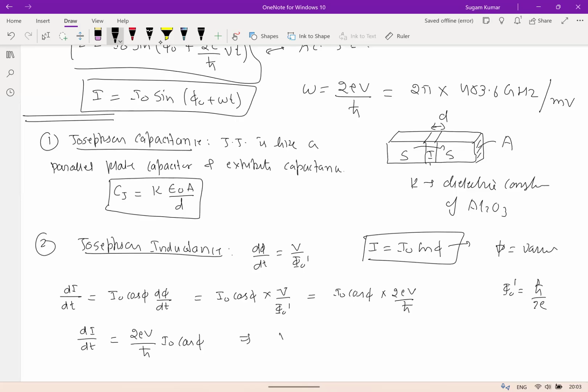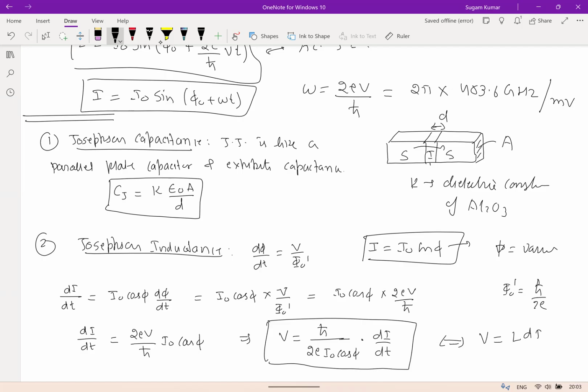And from there, I can find the voltage. This is going to become h bar upon twice e, then I naught and cos phi, into dI by dt. This is the equation which I can compare with the inductor equation.